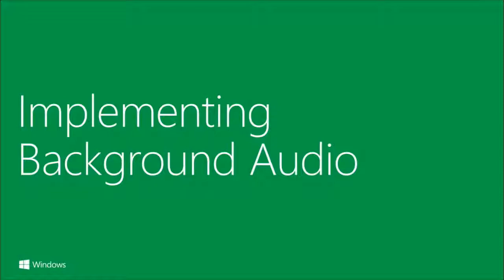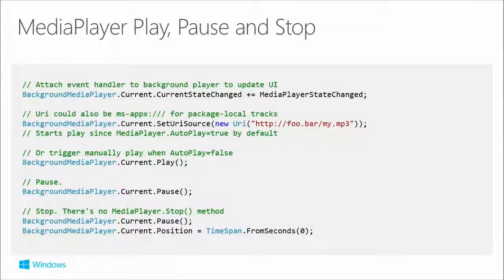So the code for implementing background audio is fairly straightforward. We have that background media player, and it's been fairly well designed so that we are listening for that current state change. We always want to know when the state has changed from play to pause to stop. We set the URI source, and we can set this source to either a local package.